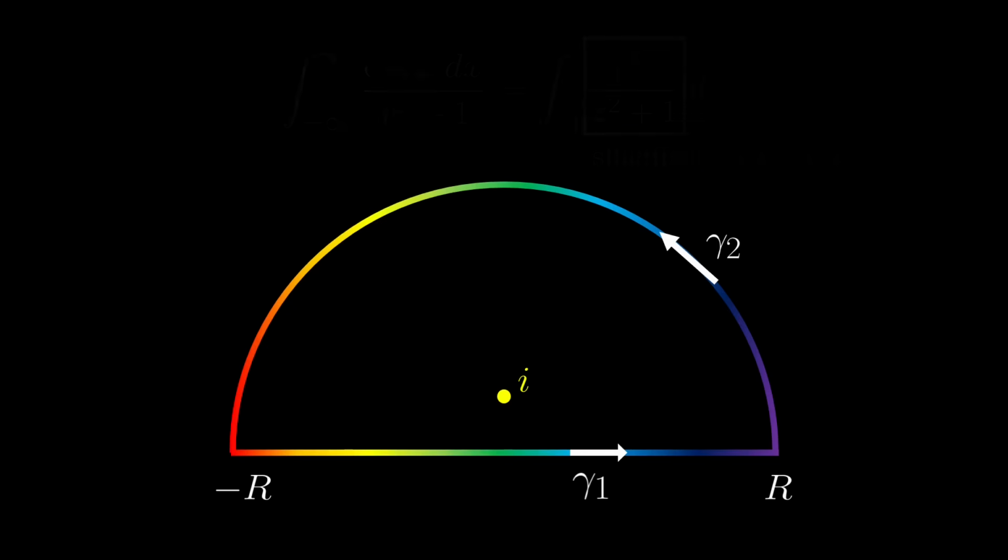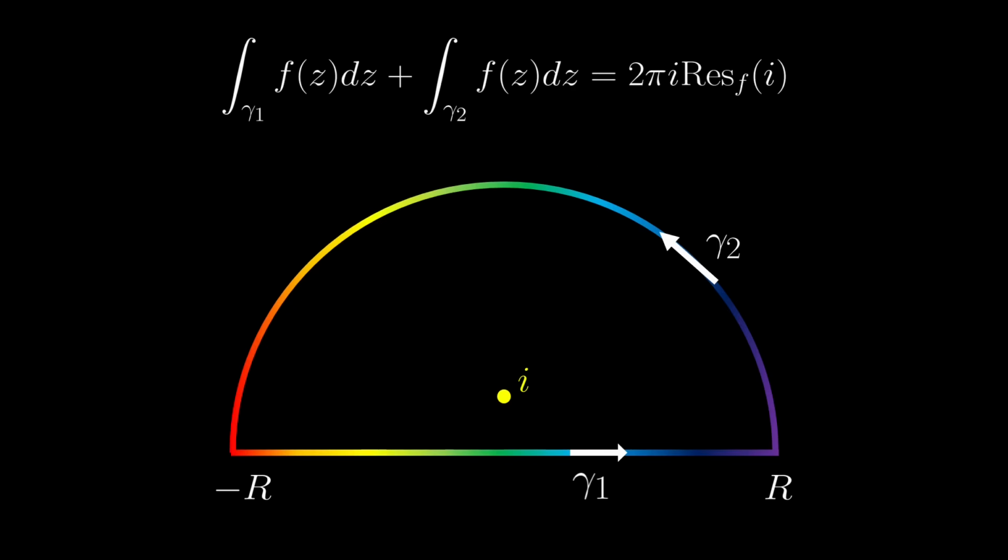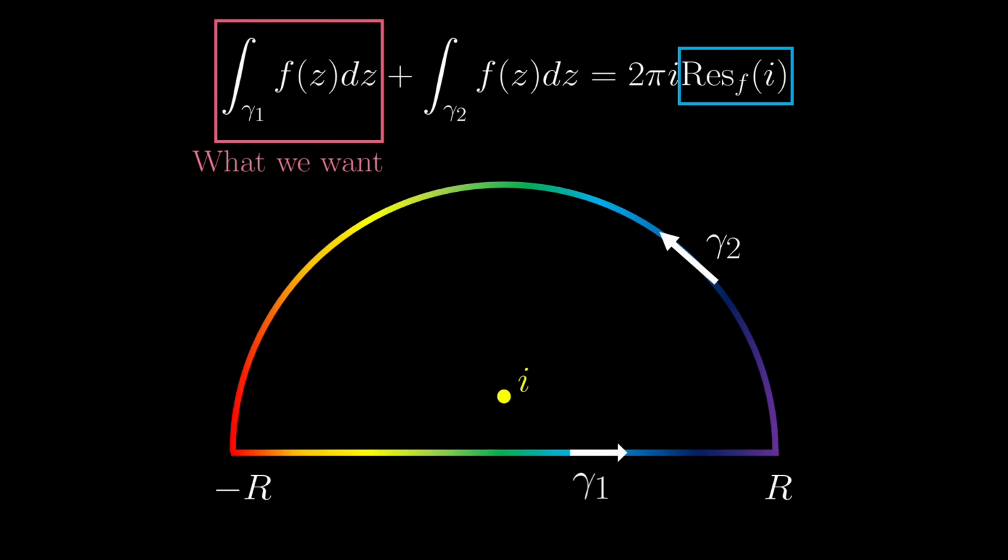By residue theorem, the integrals along two parts of the contour add up to 2 pi i times the residue at i. The straight line part is exactly what we want when r tends to infinity, and the residue is something that can be readily calculated, so we hope that this semicircular part is easy.